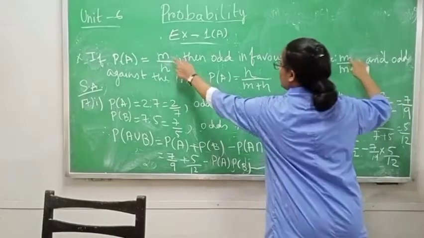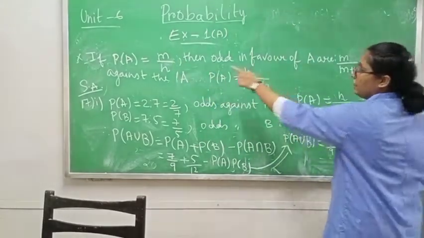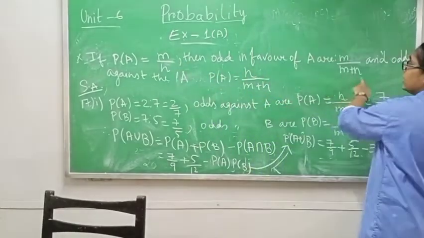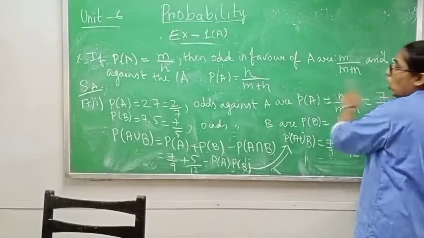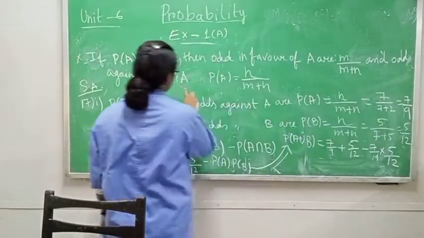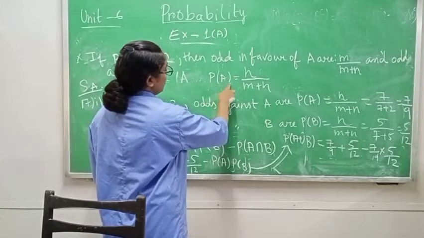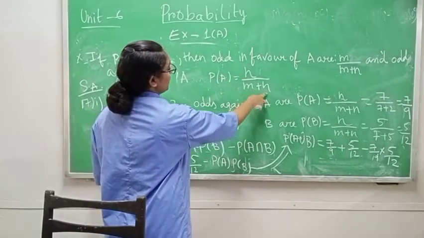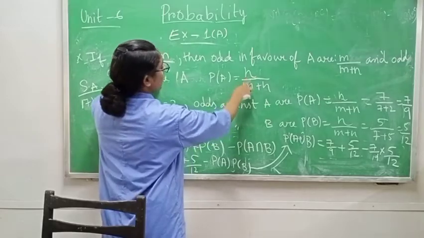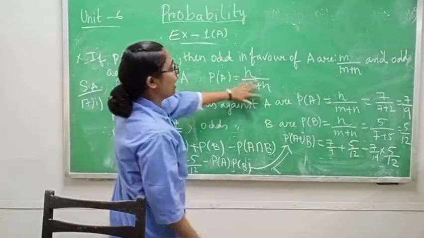The upper one you write as it is, and m and n add up. And for odds against A, the formula is probability of A equals n by m plus n. N means the lower one, and m plus n, both add up.